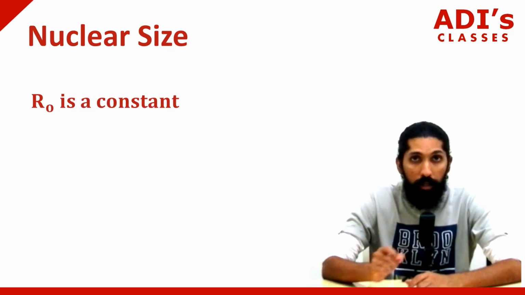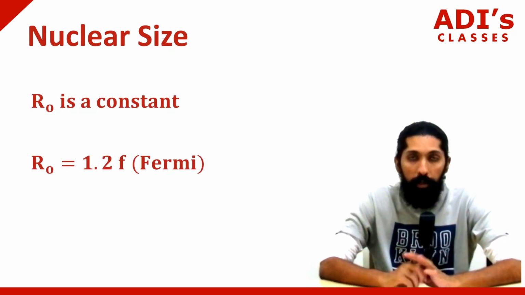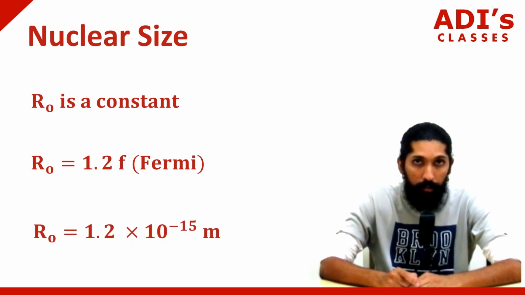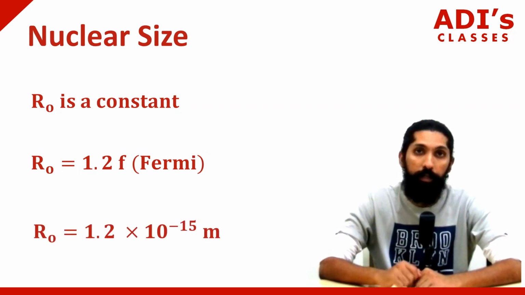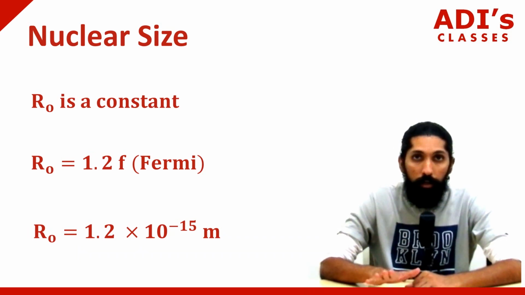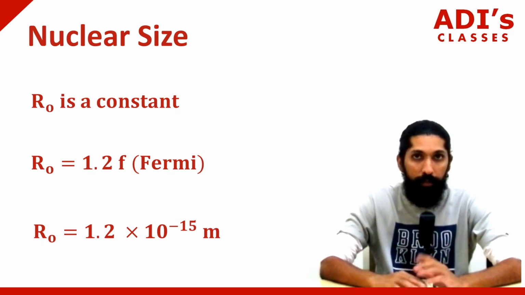Now r naught is a constant, isn't it? The value of r naught is approximately 1.2 Fermi, or 1.2 times 10 to the power of minus 15 meter. This becomes the formula for the radius of the nucleus.